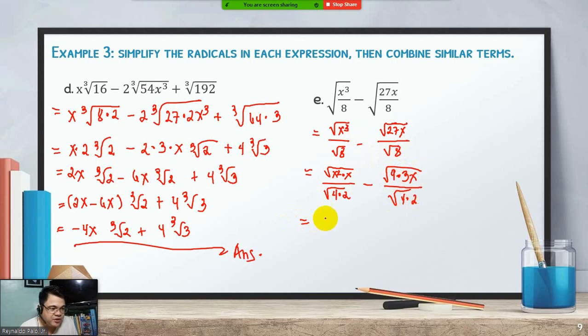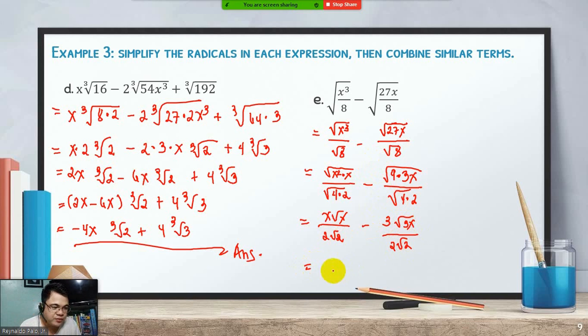Now let's simplify. Square root of x squared is x square root of x over square root of 4 is 2 square root of 2. Next, we have square root of 9 is 3 square root of 3x over 2 square root of 2. So as you can see, they are similar fractions because they have the same denominator.